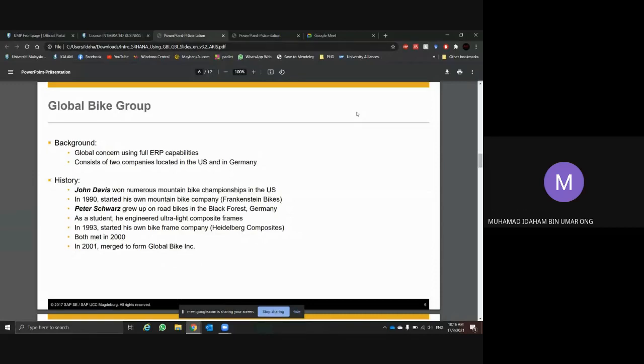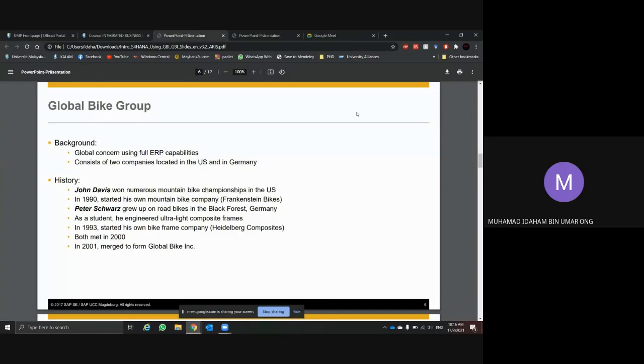For this case, they are using SAP, a type of ERP system, to assist them in managing their information and their daily business routine, like selling, making, and also information tracking. Mostly it is on information tracking.